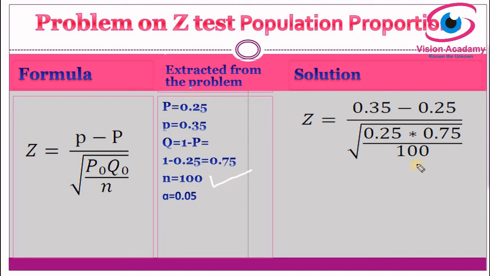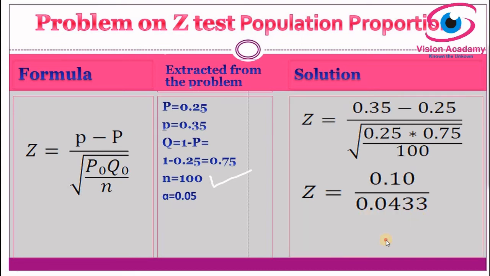Now we have to simplify. 0.35 minus 0.25 is 0.10, and the square root of 0.25 times 0.75 divided by 100 gives 0.0433. So our test statistic, 0.10 divided by 0.0433, gives Z equal to 2.31.